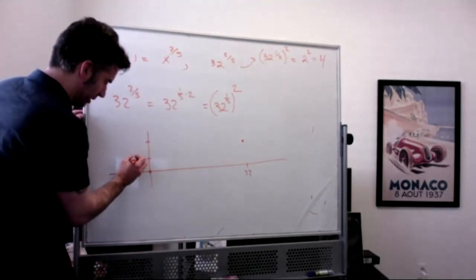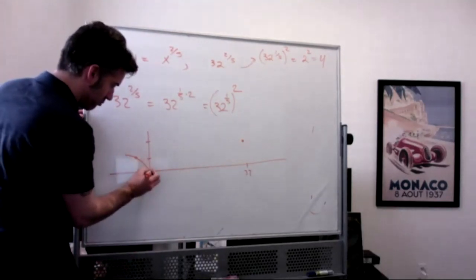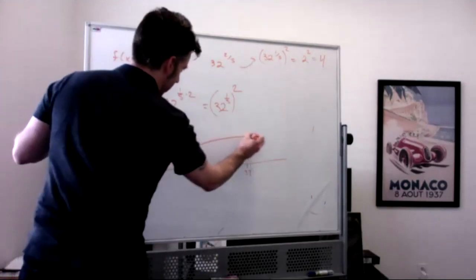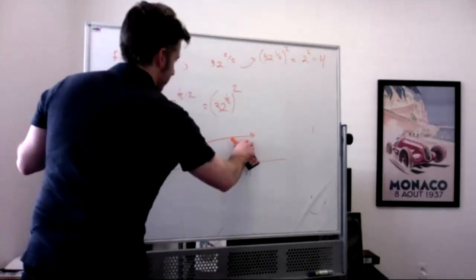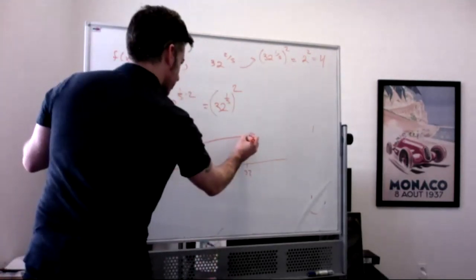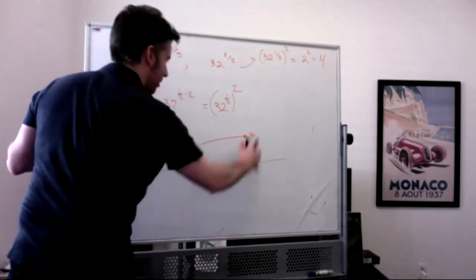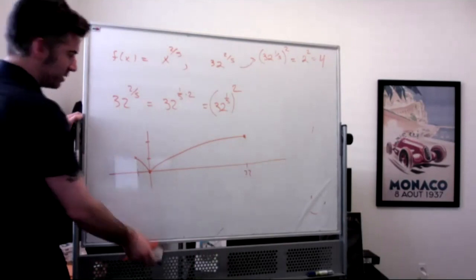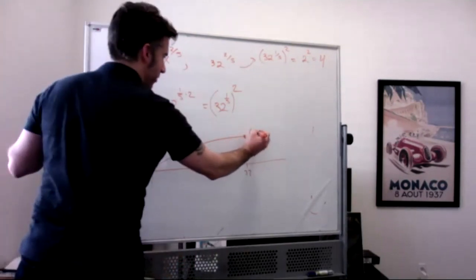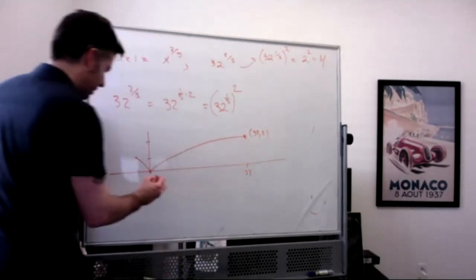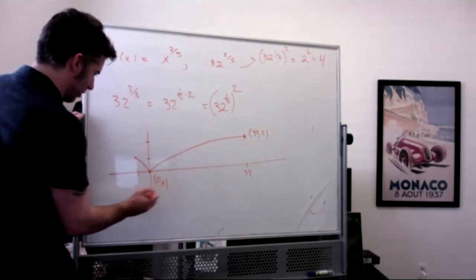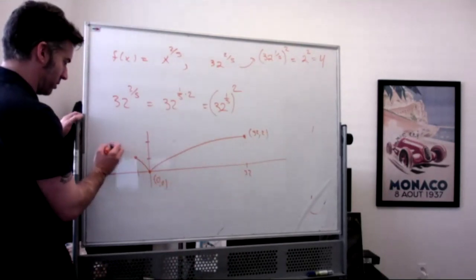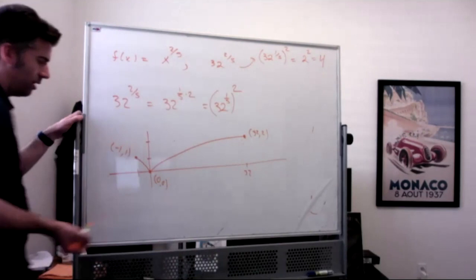So it looks like this. Like that. So, oh yeah. There's my biggest value, my absolute maximum at 32, 2. Here's my absolute minimum at 0, 0. And here's my other critical point, or not critical point, but endpoint at -1, 1.